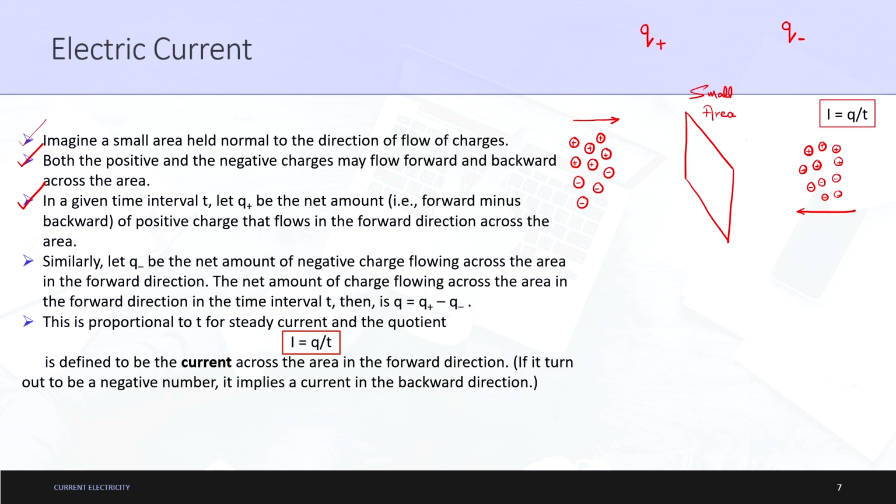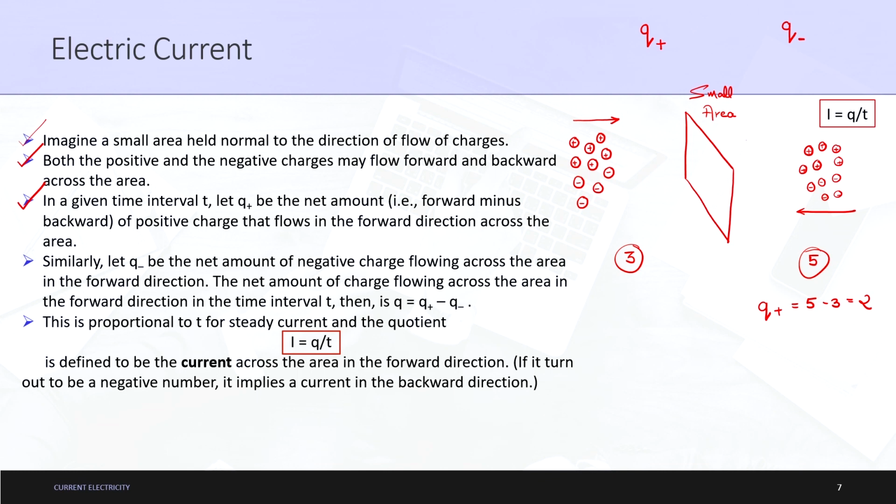Let us suppose the amount of charges from this area moving in the right-hand direction is, let us say, 5. So the 5 charges went here and they are placed here. Similarly, from this direction, let us suppose there were 3 charges that move from this portion to this portion. That means q plus, the net forward movement of charges from left to right, is equal to 5 minus 3, which is equal to 2. So this is equal to q plus here.